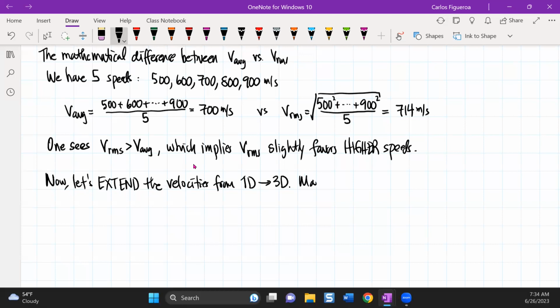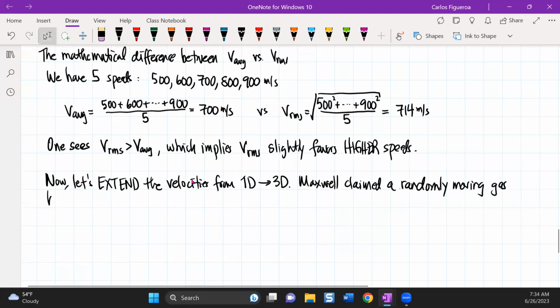So Maxwell claimed a randomly moving gas has RMS speeds along the X, Y, and Z directions.